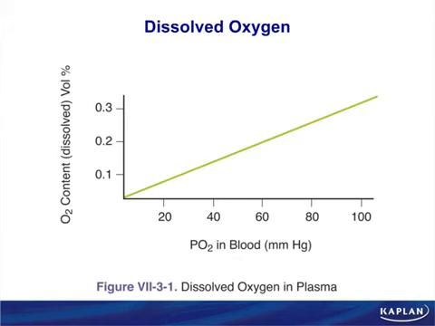Two different ways we carry oxygen. One is dissolved, and that's the relationship shown here. The PO2 represents dissolved oxygen. So the first thing oxygen does, moving from the alveolus, is dissolve into the liquid and move into the plasma phase of the blood, the plasma compartment.